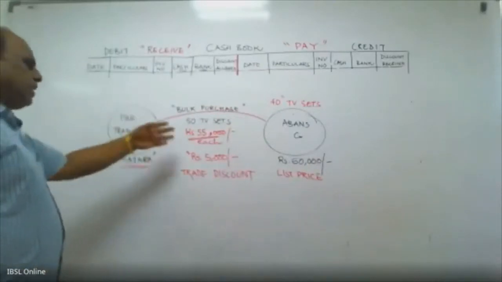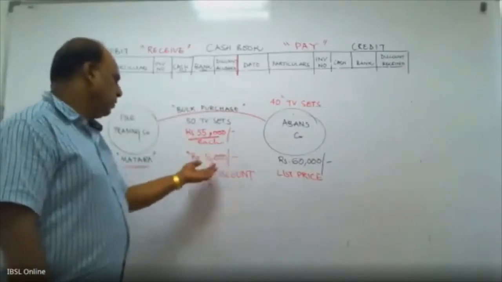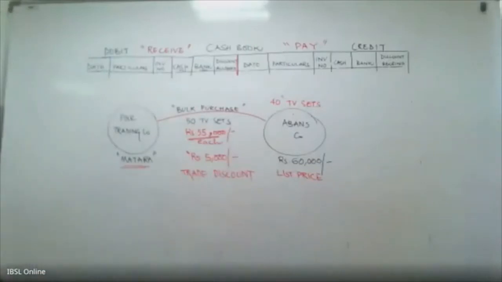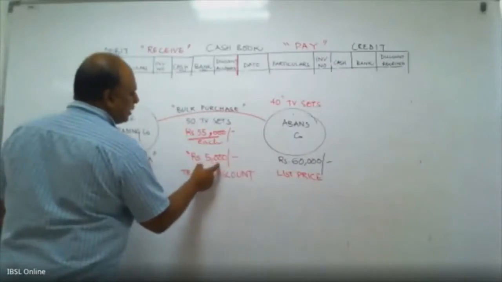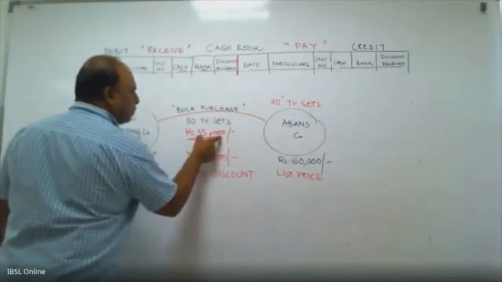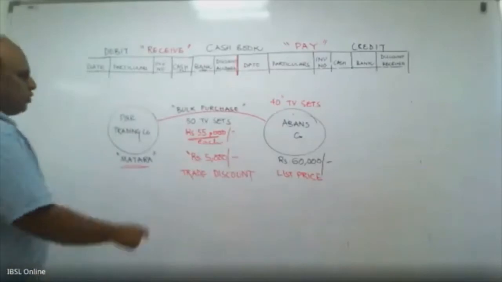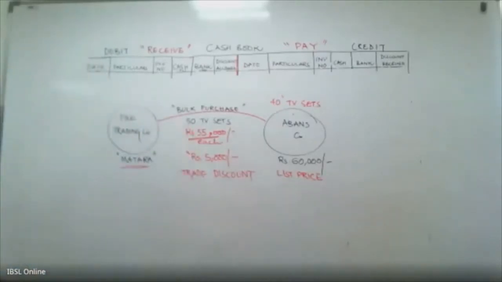So now this person is coming and asking for 50 TV sets at 55. I said, okay, you take it. I'll reduce 5,000 and give it to you. So I don't need to record any amount in relation to this 5,000 discount. What I will record is 55,000 rupees each into 50, and that is what my sale is. That is what is known as a trade discount.